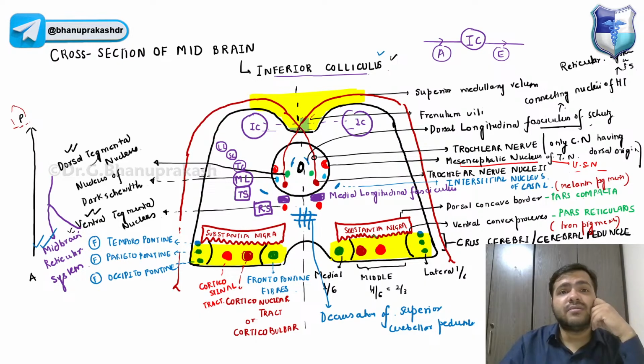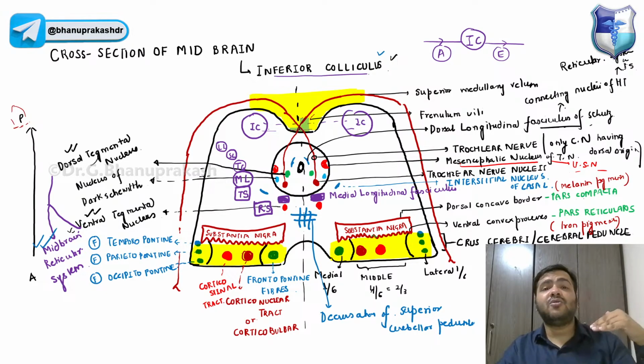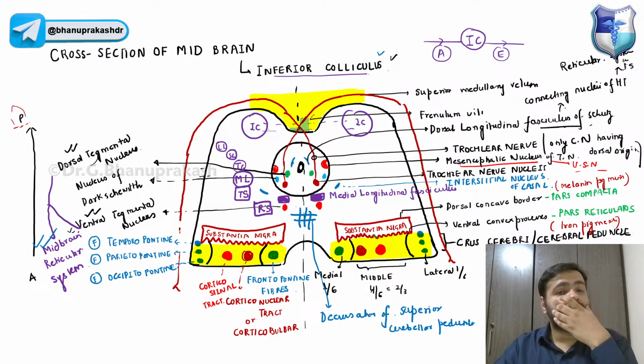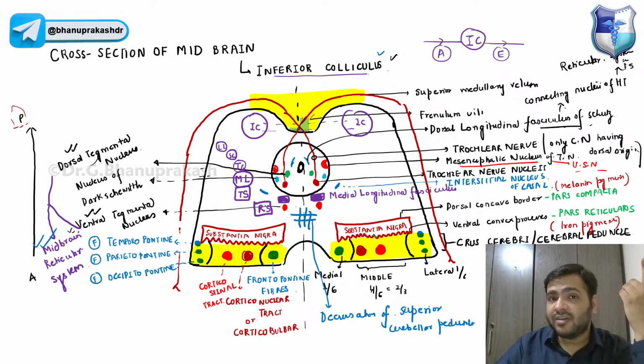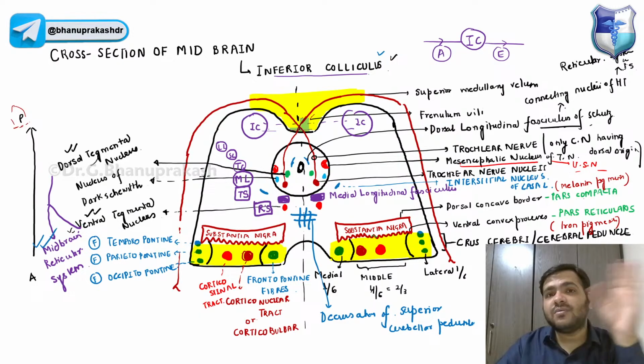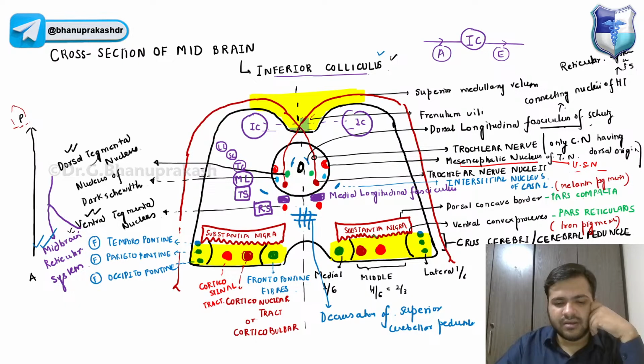But when we talk about the superior colliculus, remember that the fibers will not decussate. The inferior colliculus only on the ipsilateral side sends fibers to the superior colliculus, right to right and left to left. There is no interchanging over here.